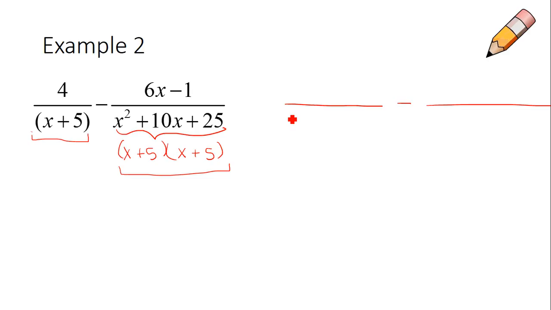So we would need our common denominator. What would I need to make in order to make these look alike? Well, this second fraction is okay, but the first fraction would need an extra x plus 5 on the bottom, right? So my common denominator is going to be x plus 5, x plus 5, just like that second fraction.